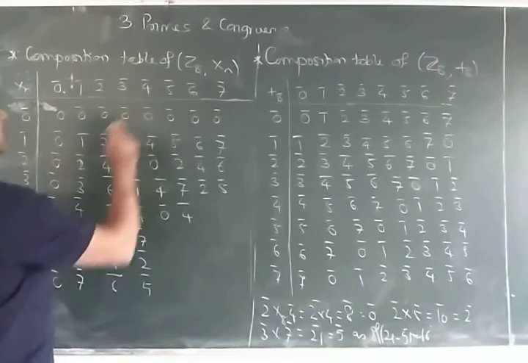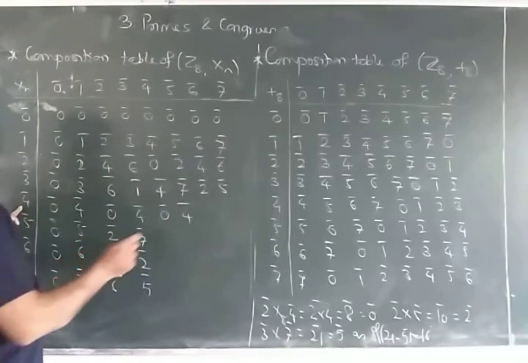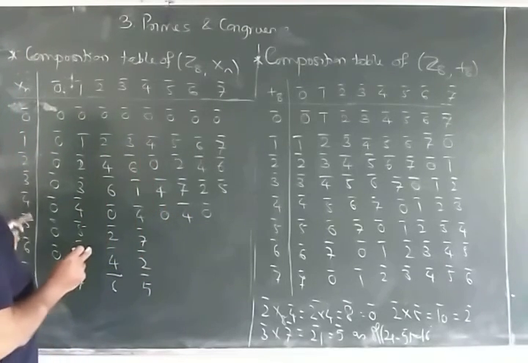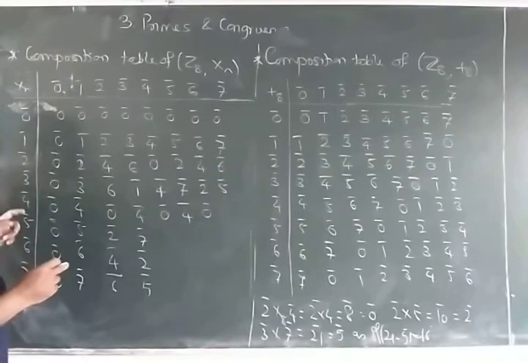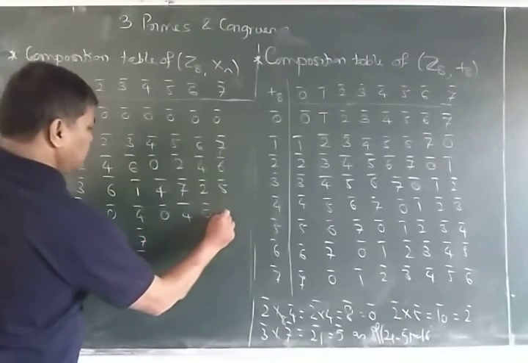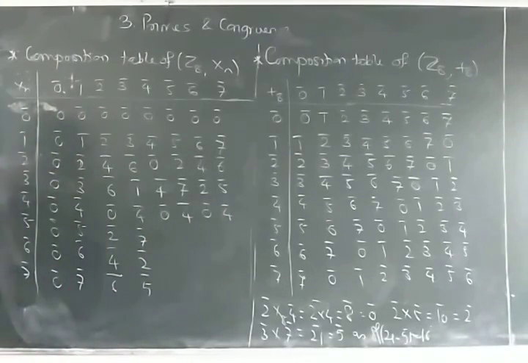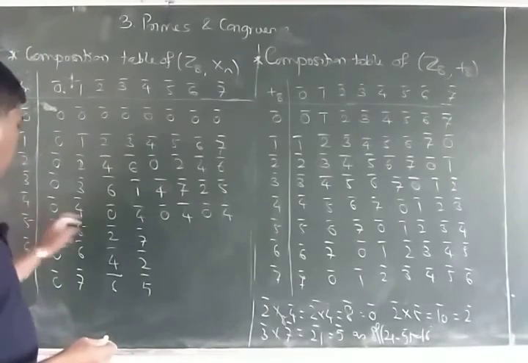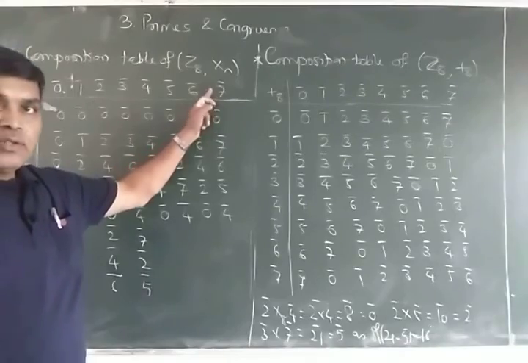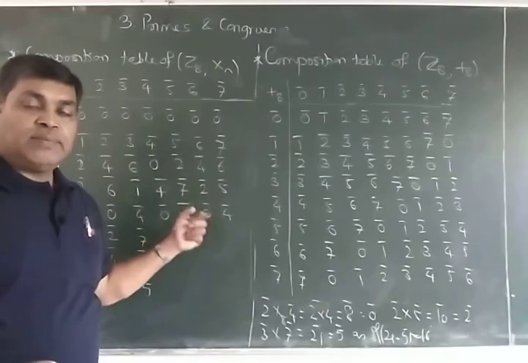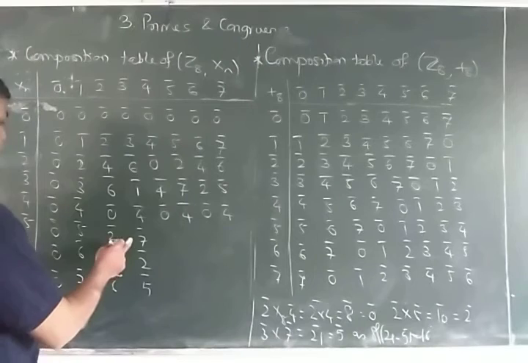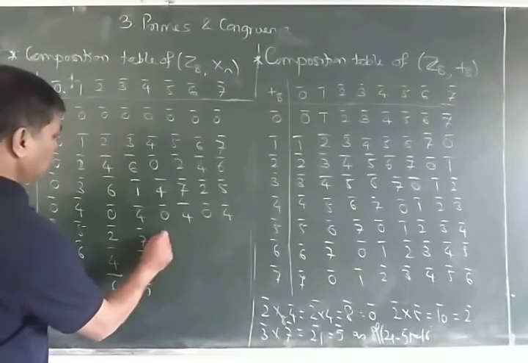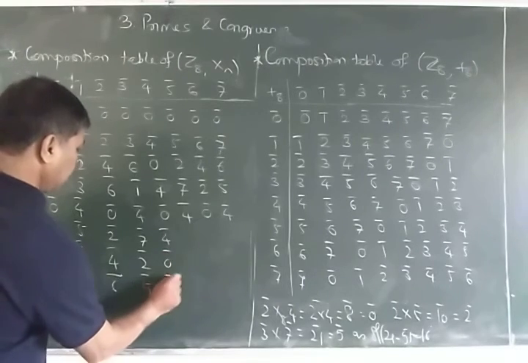Then 4 into 6 is 24, and 24 divided by 8 gives 0 bar. 4 into 7 is 28, which gives us 4 bar, since 8 3s are 24 and the remainder is 4. So then this is again symmetric: 4 bar, 0 bar, 4 bar.